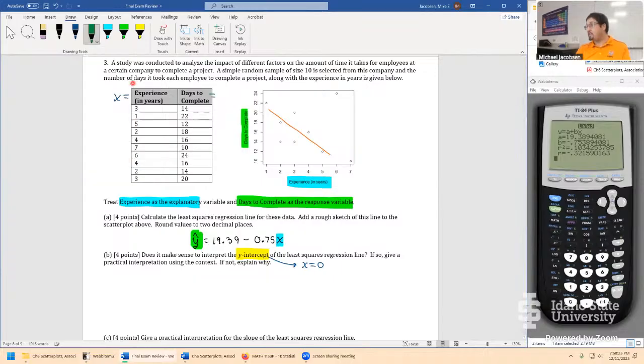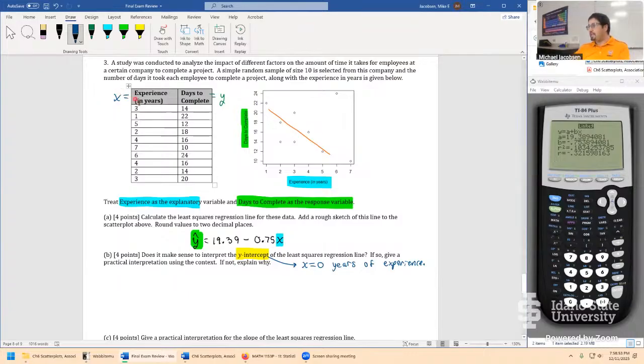Whereas at the same time, days to complete is y, not y hat, because those are the real values, not the predicted ones. So if you set x equal to 0, you mean 0 years of experience. You know, that's reasonable in this problem, 0 years of experience. You could have a brand new employee that's being asked to do this task.